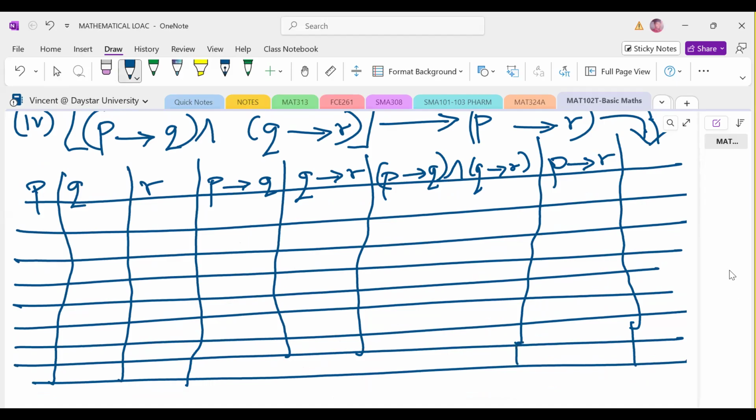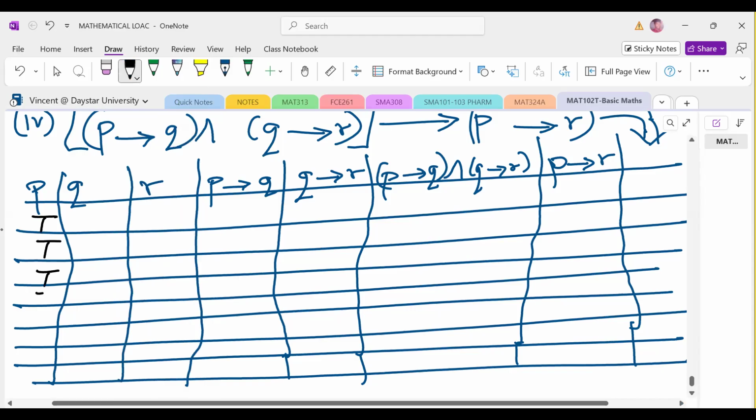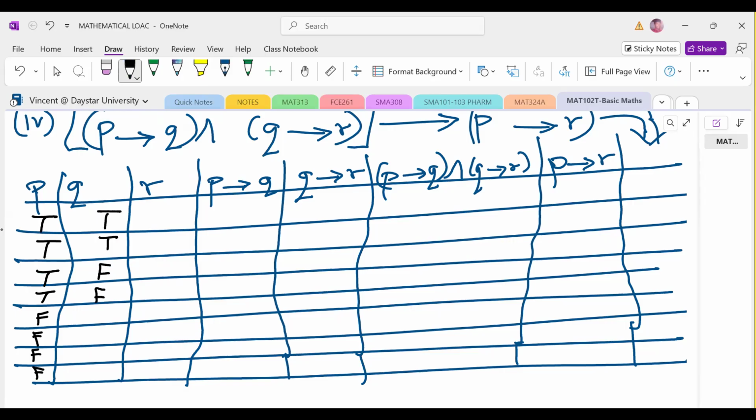So we have said, the first column, how do we fill it? In this case where you have 8 rows, T followed by 4F, correct. Then the second, then you alternate, okay?